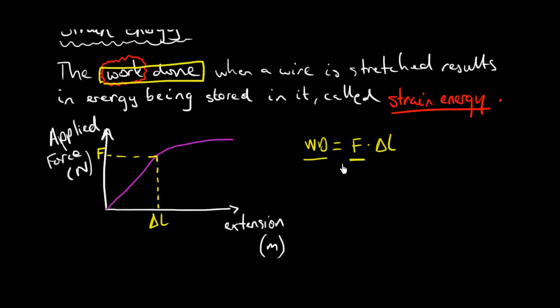But here, as you can see, the force is not a constant, it's increasing, and so it's changing, it's becoming bigger and bigger. So because the force is changing, we need to take the average force. And because it's a straight line, the average force is just going to be right in the middle. So you can take F over 2 to be the average force there.